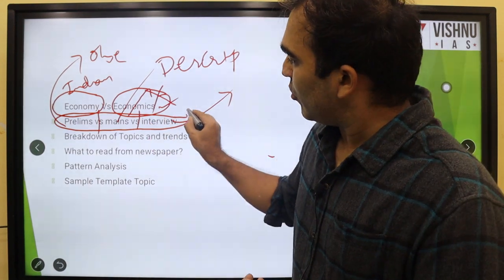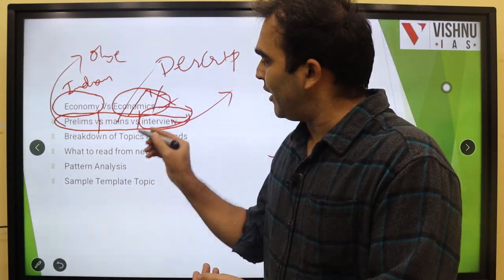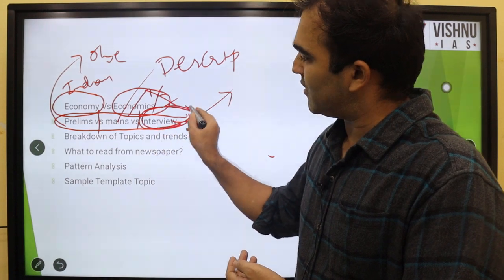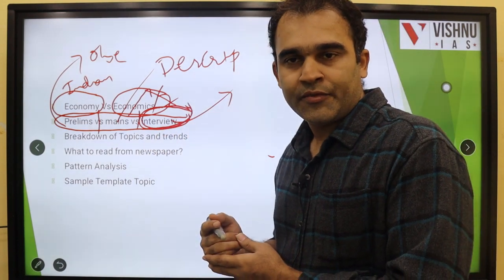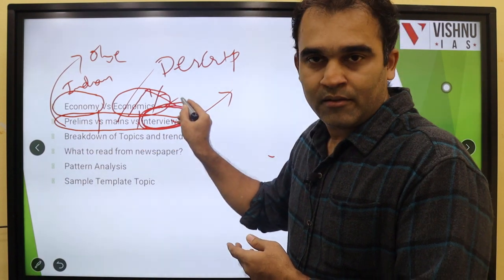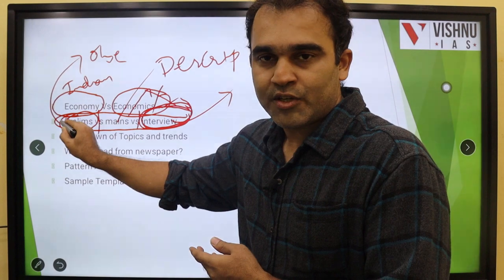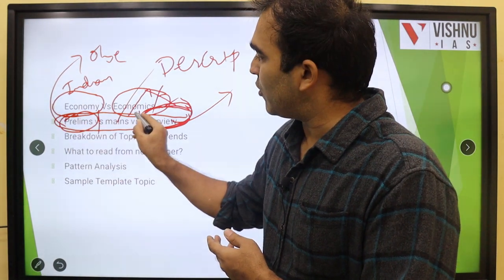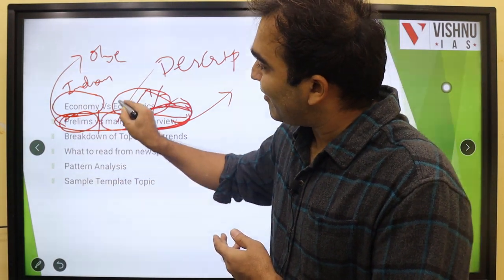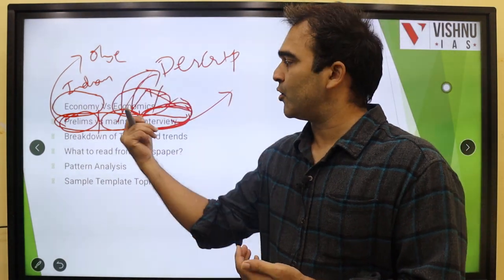So, how can you separate them? Let's say that interview is the third stage. How can you have an opinion on something all of a sudden without having knowledge of your basics, which is nothing but your prelims, and without having the analytical ability to look into an issue, which is nothing but your mains?